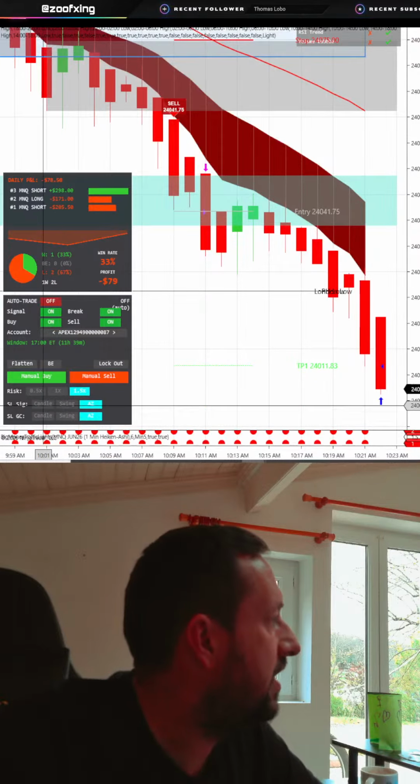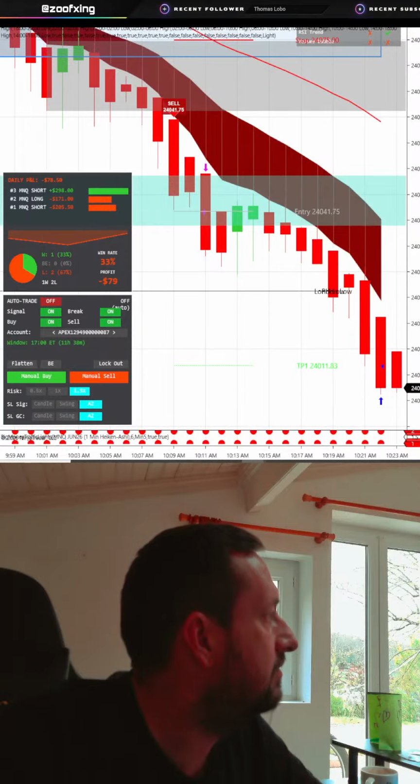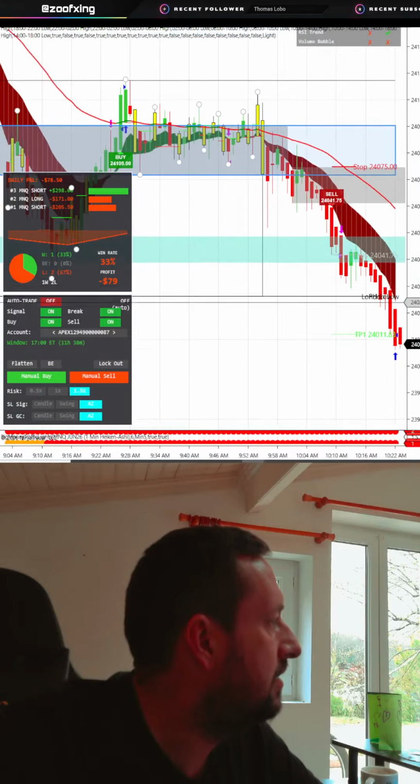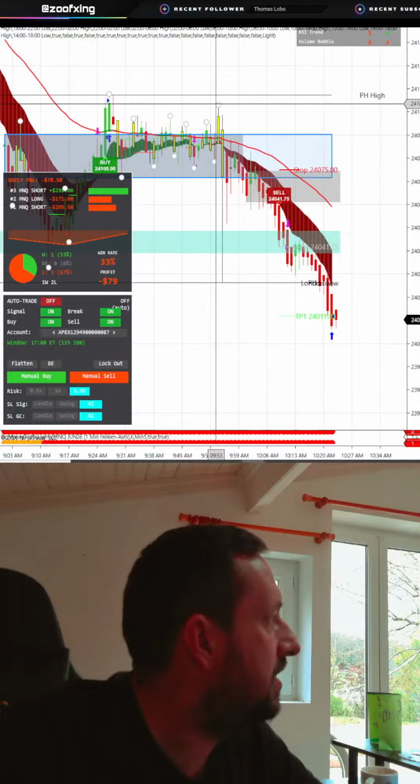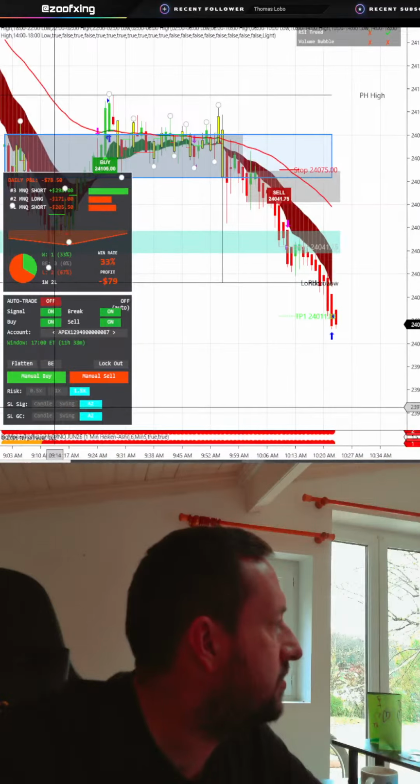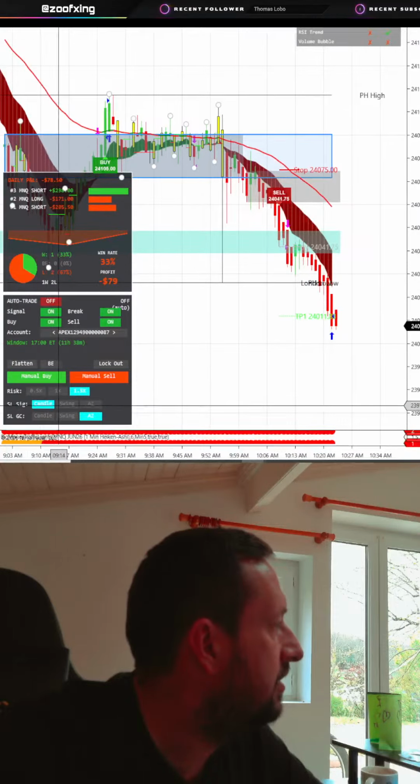So my next trade, if we get another trade, our swings are all the way up here, so we can't really use swing. So let's use candle.